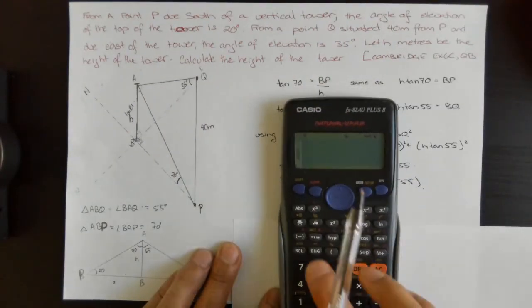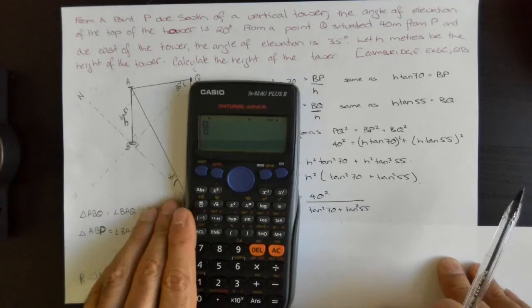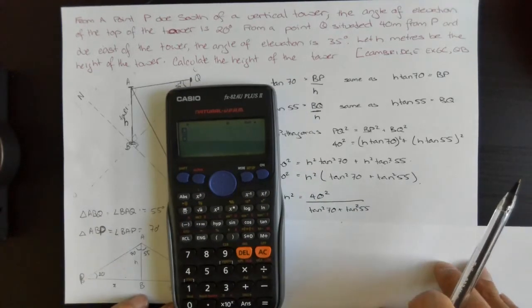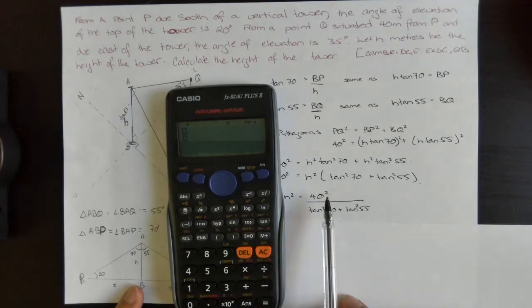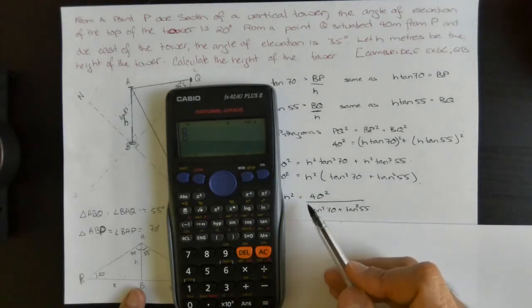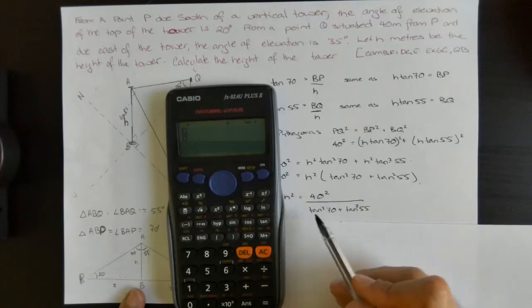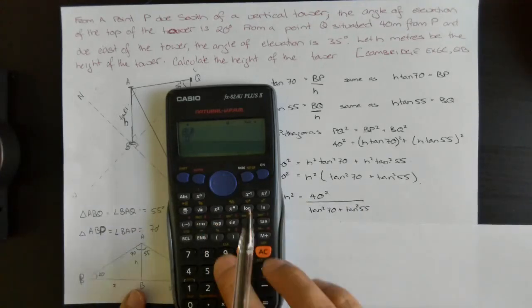Okay, so I want to do the square root of the top and the bottom. Remember with surds, the square root of all of it is the square root of the top as well as the square root of the bottom. So square root of 40 squared is just 40.